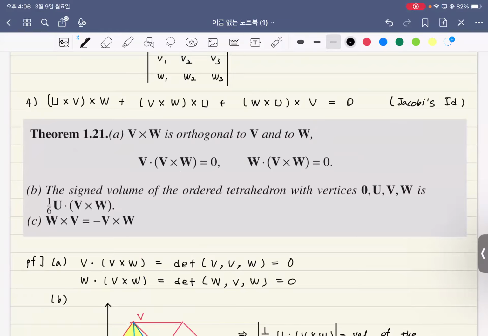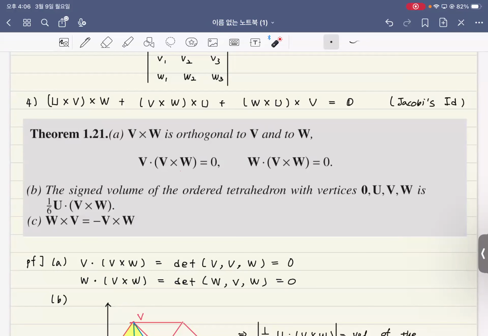Now I can finally say why this Jacobi identity is about the non-associativity of the cross product. Can you see the Jacobi identity over there?